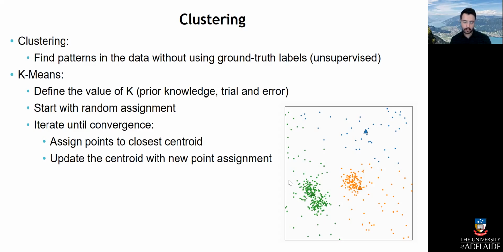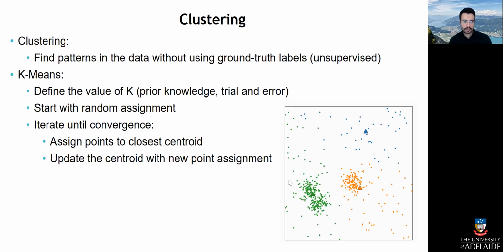For example, if you know that you're dealing with images of digits, as we are going to see, and you know that you have 10 different digits, 0 to 9, that's the prior knowledge that all your images are one of those 10 possible digits. Then you know that you should ideally have 10 clusters, and the idea is that similar numbers should be close to each other.